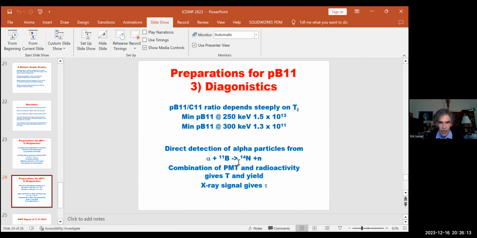The combination of the PMT measurements and the radioactivity can combine to give both the ion temperature and the ultimate fusion yield, while the X-ray signals give the length of the pulse.